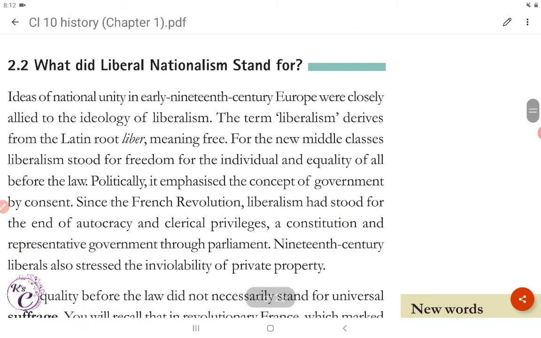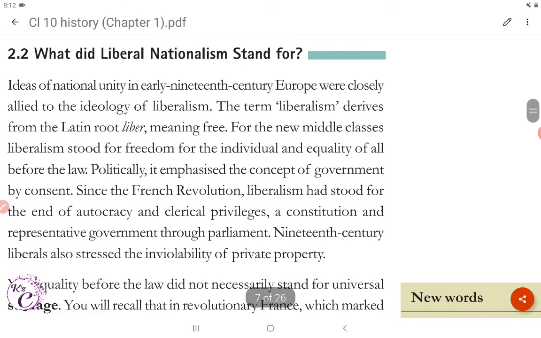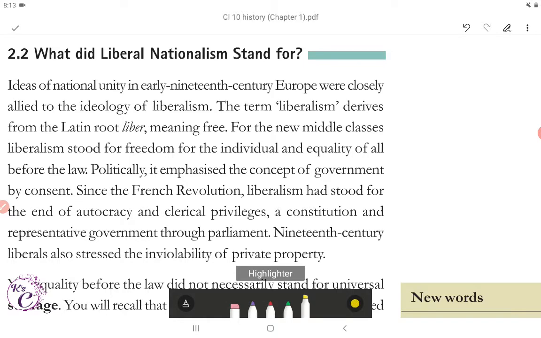2.2 What did liberal nationalism stand for? The ideas of national unity in early 19th century Europe were closely allied to the ideology of liberalism.